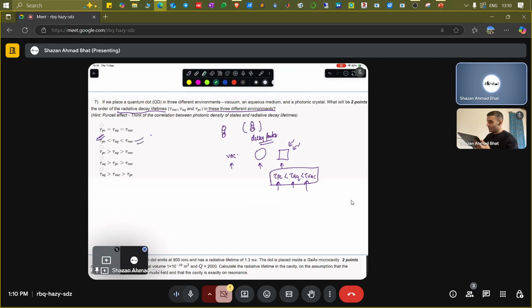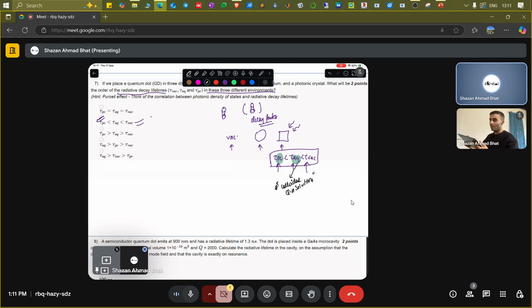Whenever you talk about, let's say, placing a quantum dot in a photonic crystal, you have seen that. But what about aqueous? Basically, you can make something called colloidal quantum dot solutions of different colors. That is mostly in liquid form. You can have a liquid form of quantum dots.